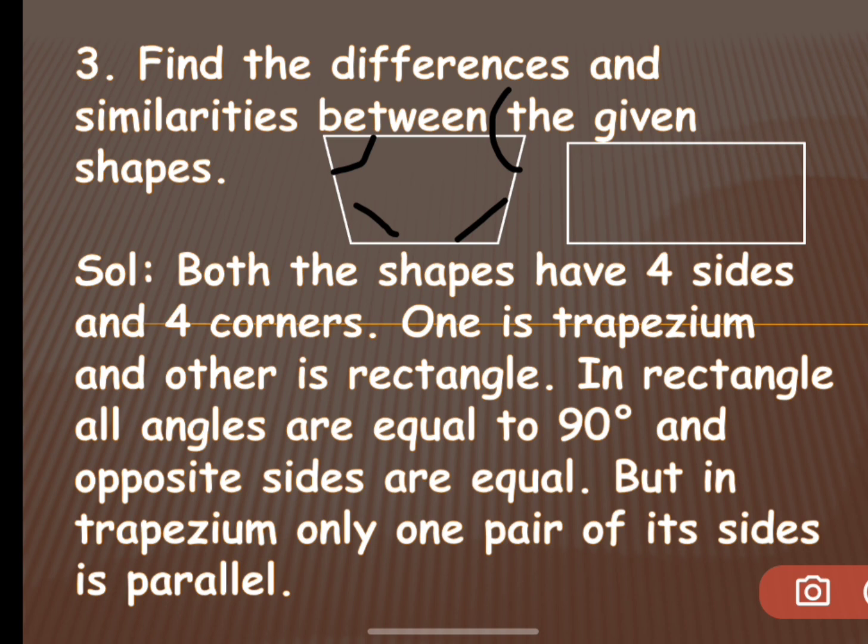Okay. When you add all four angles in a quadrilateral, the sum of the angles will be 360 degrees. Whereas in a triangle, the sum of the angles will be 180 degrees, children. Okay. The sum of the angles in a triangle is 180 degrees, and the sum of the angles in a quadrilateral is 360 degrees. Okay. So this is our class for today, children.